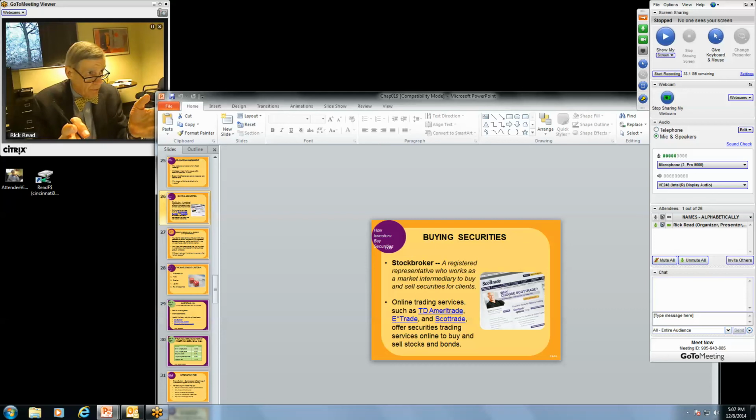Ask to see his or her credentials. There are online trading services. I've mentioned this before. They do offer the ability to buy and sell securities online. Be careful about doing this. It costs you to do that. And I don't know what the charge is. The charge is not great, but it does cost you to do that.